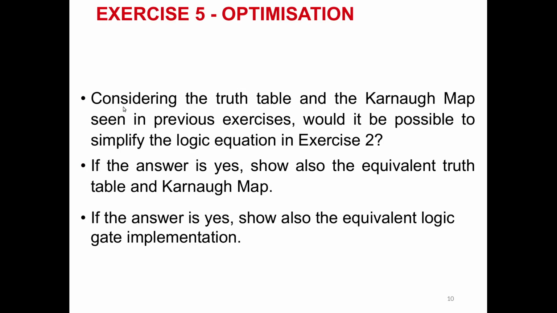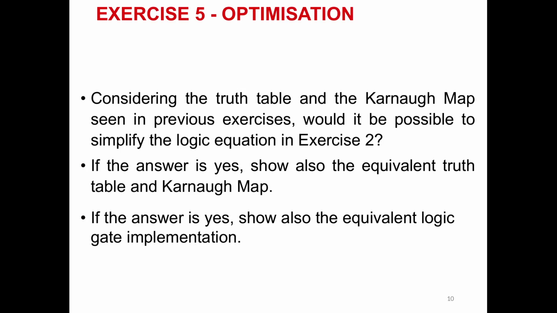Now we move to exercise 5, optimization. The question is, considering the truth table and the Karnaugh map seen in the previous exercise, would it be possible to simplify the logic equation in exercise 2?